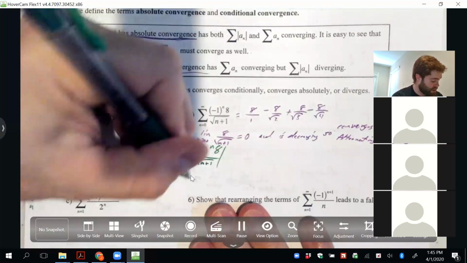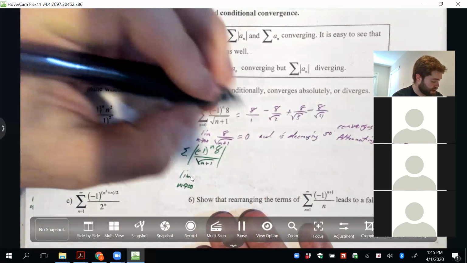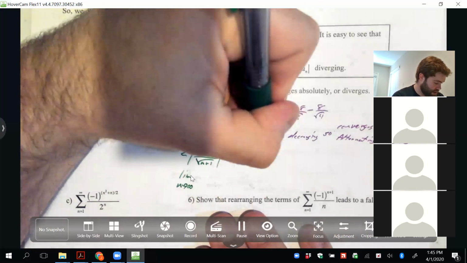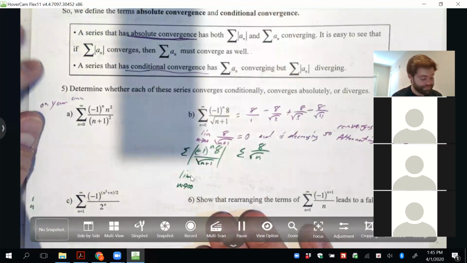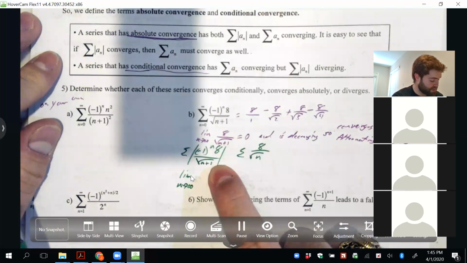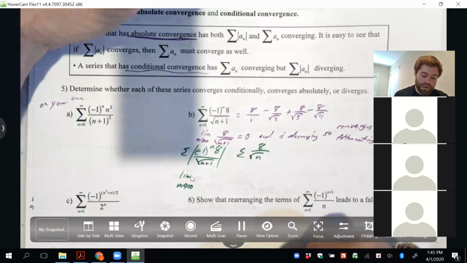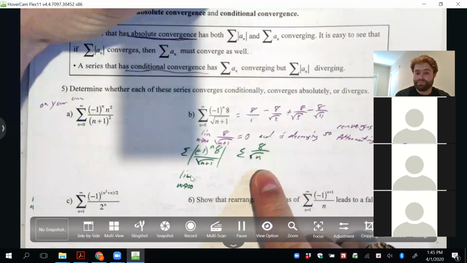And so what we're going to compare it to is 8 over just square root of n. Just get rid of the plus 1 there. Well, the summation of 8 over square root of n, is this convergent or divergent?